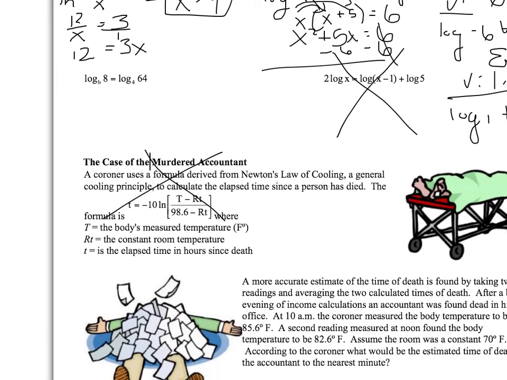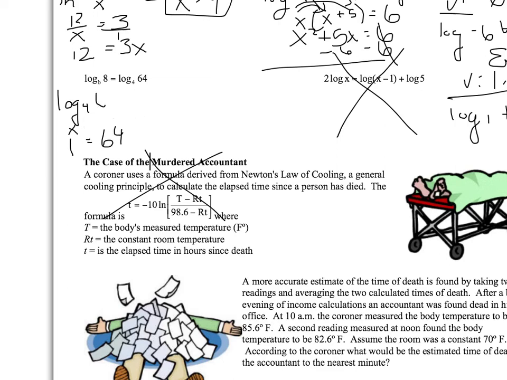Alright, now let's look at this third one. Log base 8 of x equals log base 4 of 64. What I'm going to do first, since I see that the bases aren't equal, and these numbers aren't equal, is I'm going to take this right-hand side, and I'm just going to solve that, because I can. Alright, so I'm going to just say log base 4 of 64, set it equal to a variable, and rewrite it in exponential form, 4 to the x power equals 64.